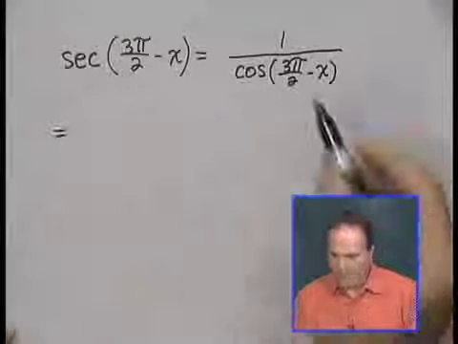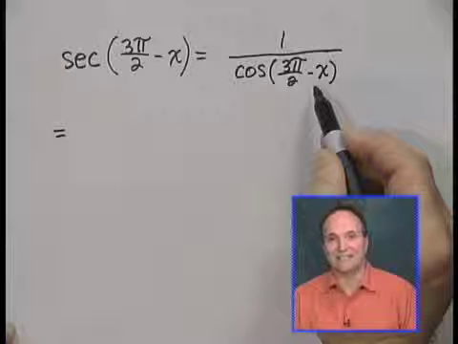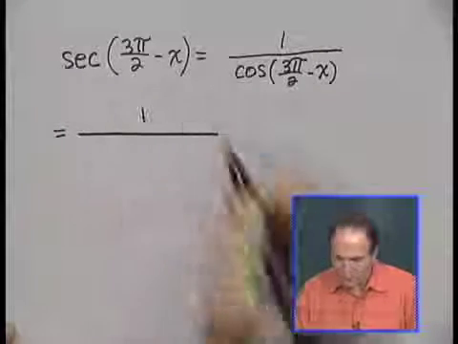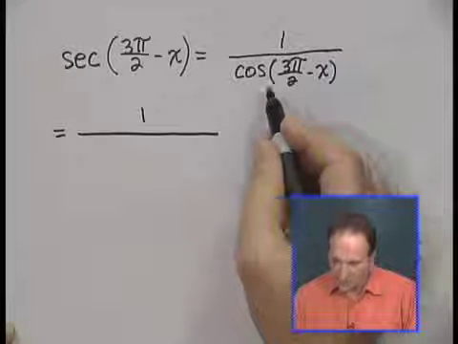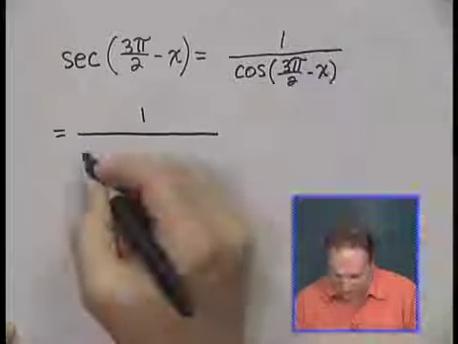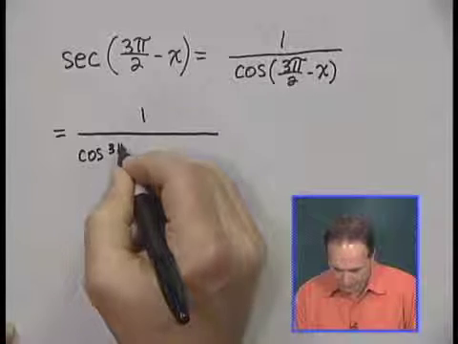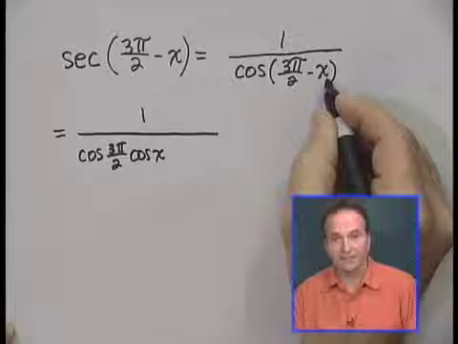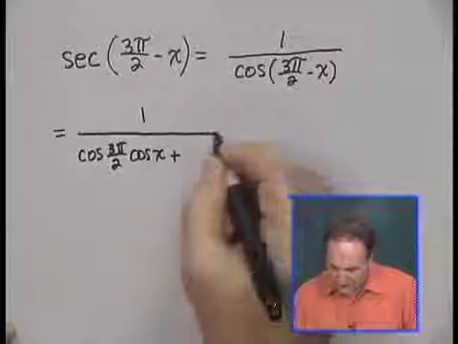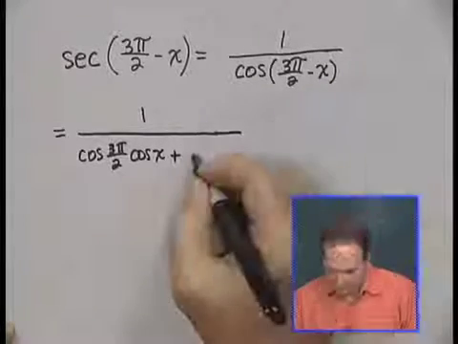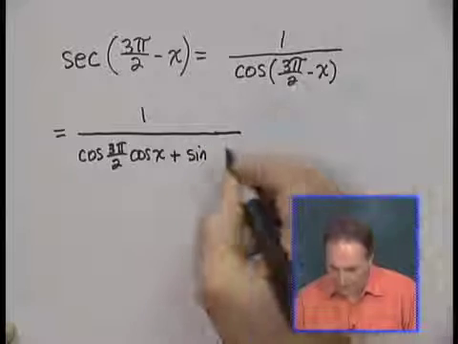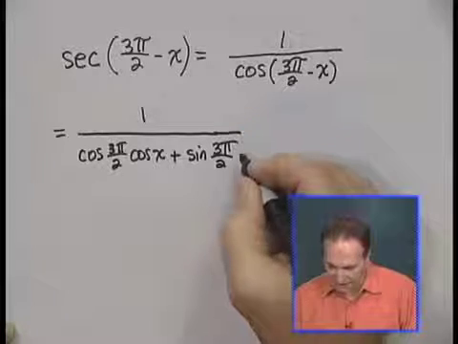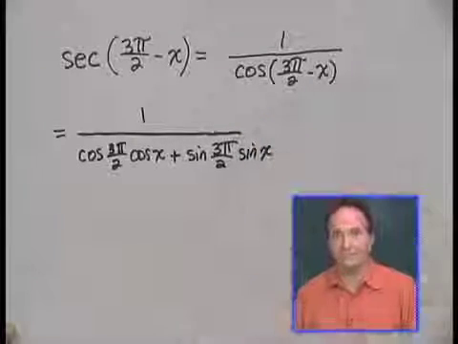Then this is going to be equal to, we can use the cosine difference identity to write this as 1 over, first the cosine of 3 pi over 2 times the cosine of x, and then plus the sine of 3 pi over 2 times the sine of x.